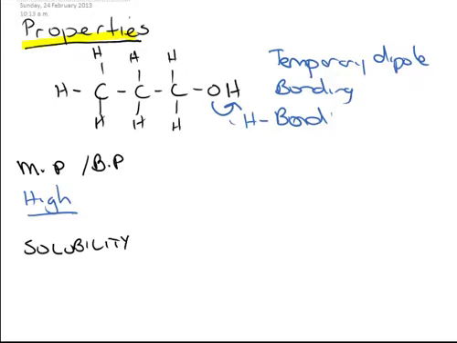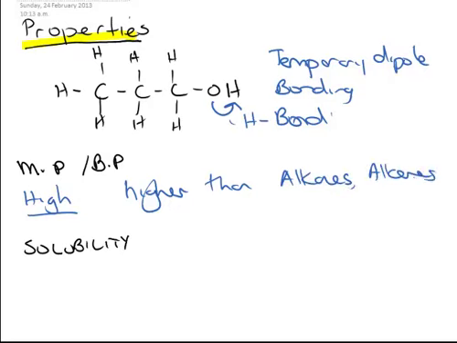Carboxylic acids have the ability to do the dimers where it can have 2 bonds going on, so I'd expect them to be higher than alkanes, and that also means alkenes, haloalkanes because they can only have permanent dipoles, and also it would be higher than esters of a similar molecular weight, and aldehydes and ketones.